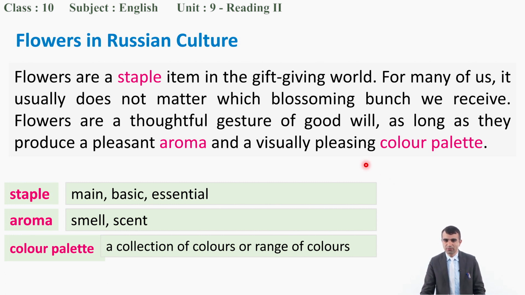No. Well, and then do they produce good aroma or not? Yes, okay. Produce a pleasant aroma and visually pleasing color palette is given. So, we don't care about what type of flower, do we? But if we see beautiful flowers, if they produce good aroma, they are good for us. Is it so?